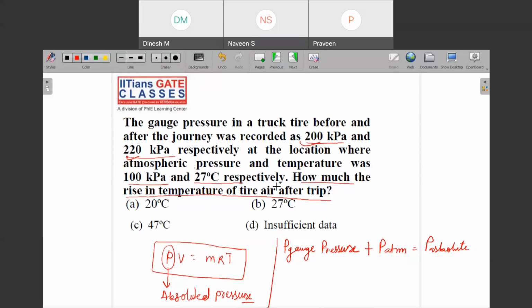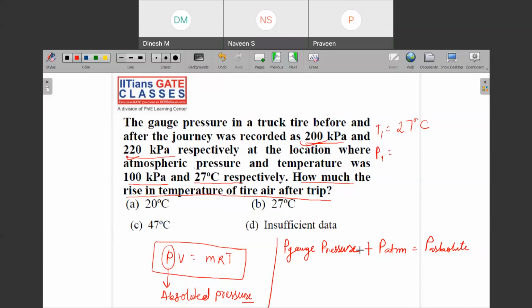The initial temperature is not mentioned, but we have to solve this one. So I will assume the initial temperature is the room temperature only, let us say 27 degrees Celsius.